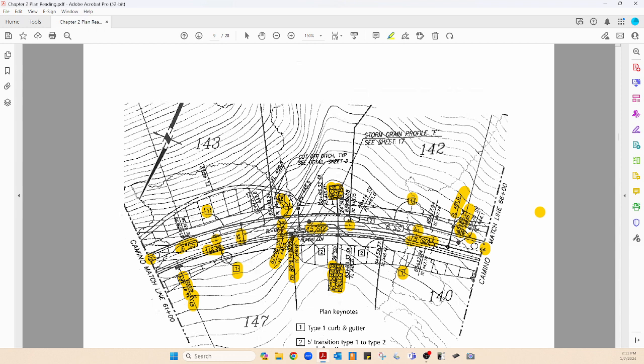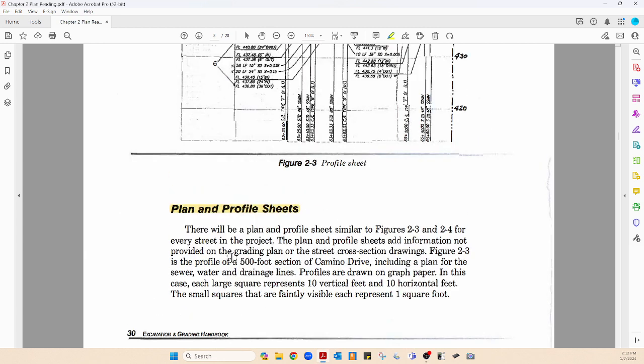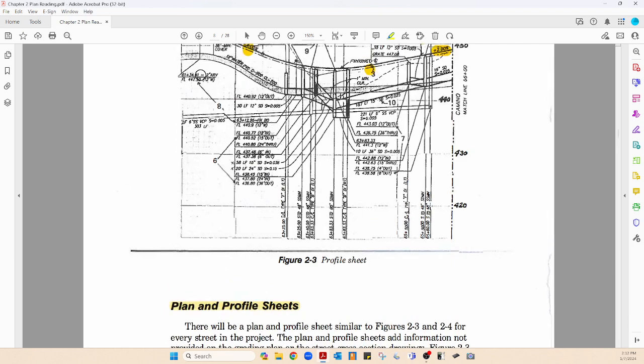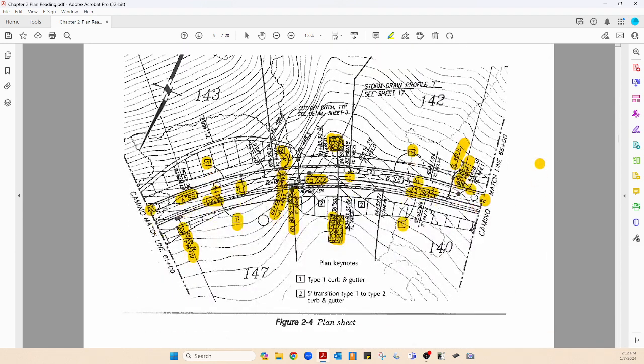So there's a 12-inch water main running just inside the curve, and we looked at that. And when you go here, you can easily see this 12-inch water line going here, and that's the profile view of it. And this shows the plan view, the top view of it.